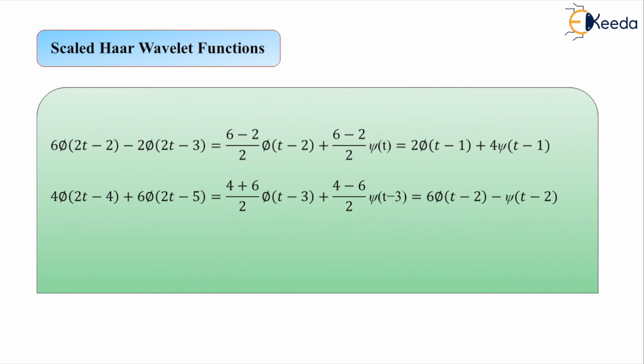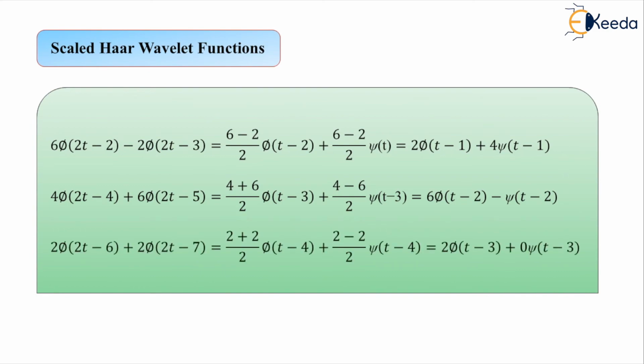At last we can have 2 times phi of 2t minus 6 further added to 2 times phi of 2t minus 7, that is equal to 2 plus 2 divided by 2 multiplied to phi of t minus 4 further added to 2 minus 2 divided by 2 psi of t minus 4. So this is all equal to 2 times phi of t minus 3, and the ratio resulting into the value 0 multiplied to psi of t minus 3.